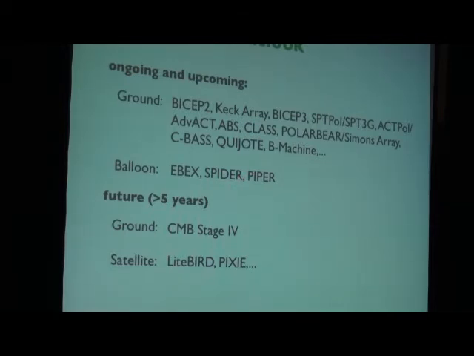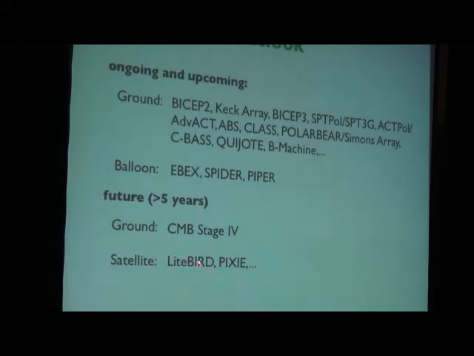Spider flew recently. Piper is something that's an idea that would make maps of 85% of the sky. And in the future, let's say 5 years and out, there might be the CMB Stage 4 experiment that I'll say a little bit more about in a second, which would be a joint effort of the entire CMB community in the US to try to go after B modes and the mass of the neutrinos and effective number of species and dark energy.